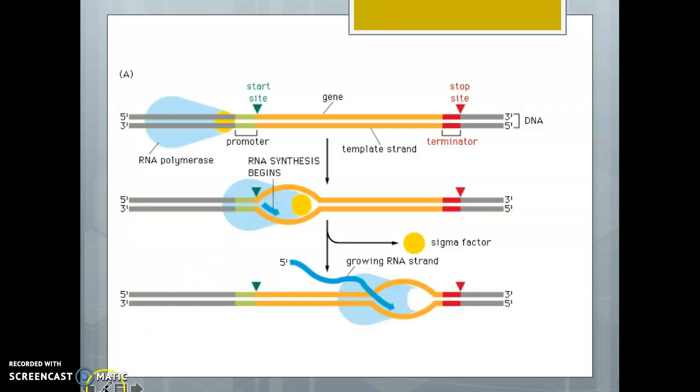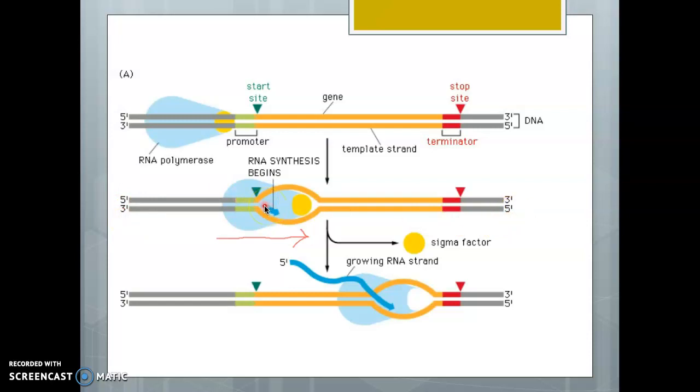So the RNA polymerase is moving in this direction from left to right. As it transcribes the 3' to 5' strand, see down here it says 3', down here it says 5'. Remember, 3' has the deoxyribose on the end, 5' has the phosphate.